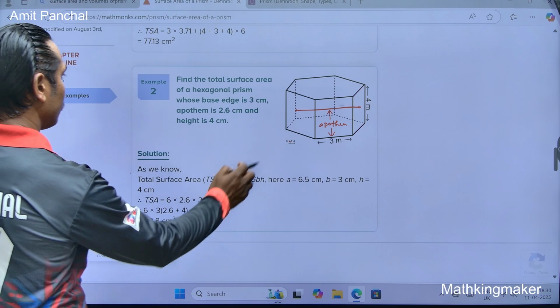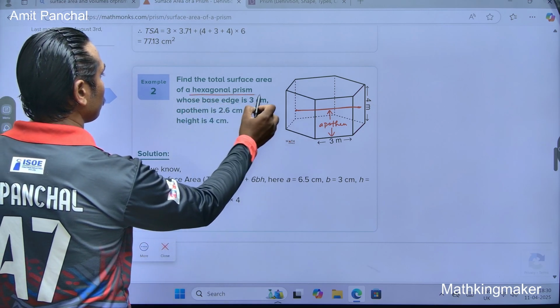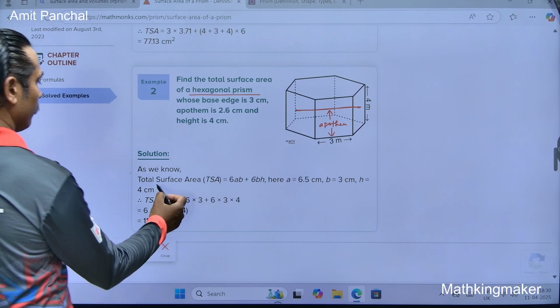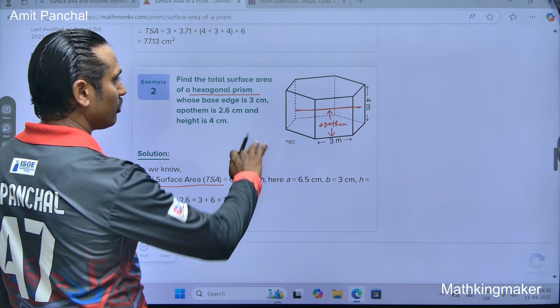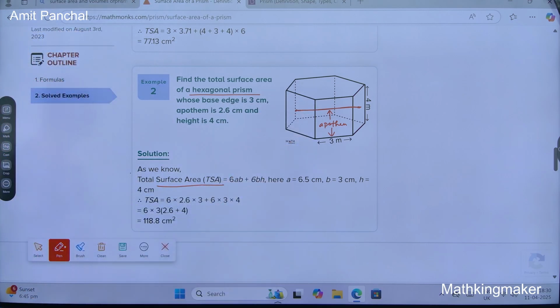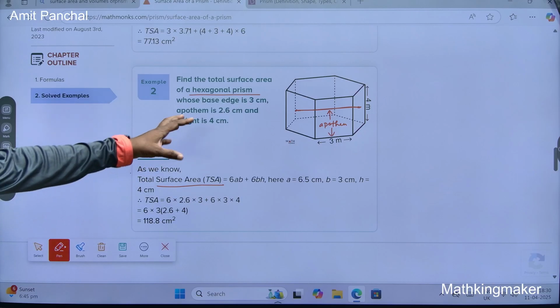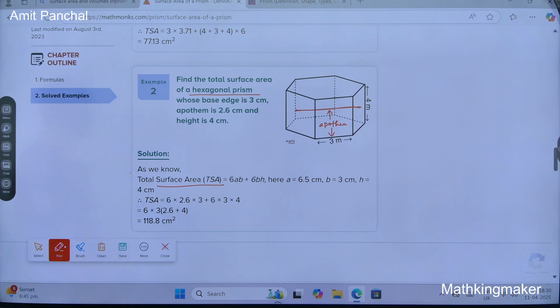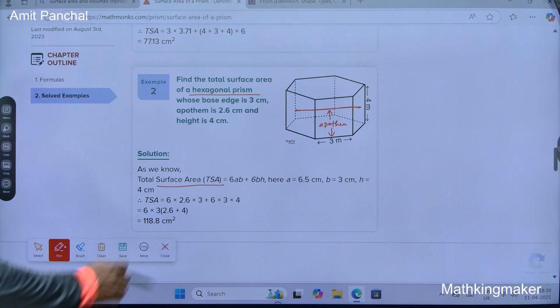As you know, it's a hexagonal prism. So the surface area of the hexagonal prism, because it will have the base as a hexagon.